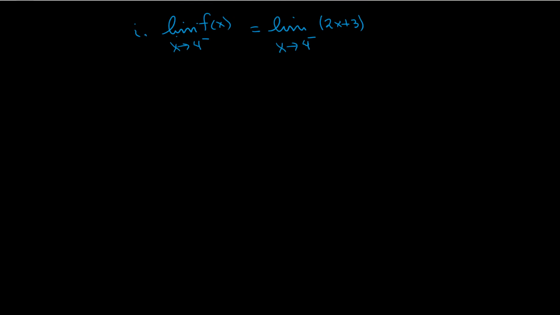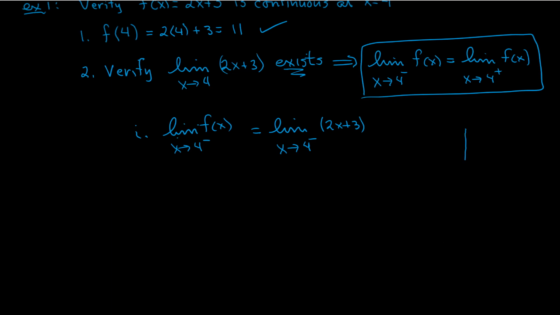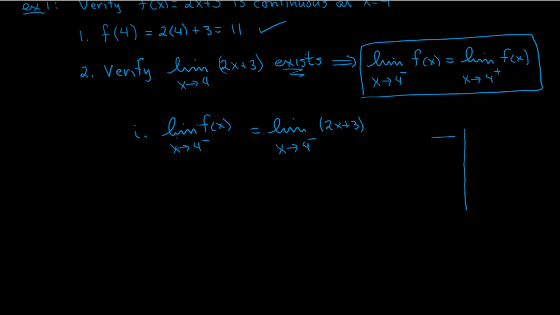In this case, we have a polynomial. Okay, we don't have issues with 0 in the denominator or anything like that. So what we can do, if you want, is we can set up a table listing our x values and our function.